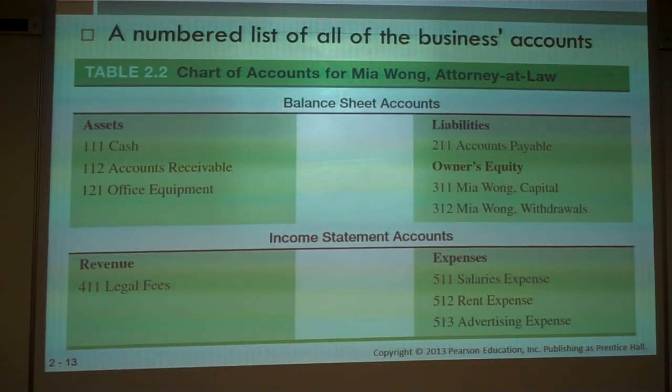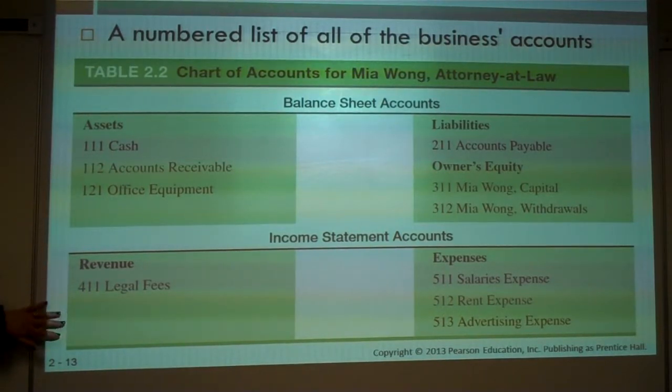When we do our two Peachtree exercises, you'll see how it automatically numbers them. You can select the chart of accounts that's already prepared. A chart of accounts gives you a guide for the account name, which needs to be just like that, and the account number.